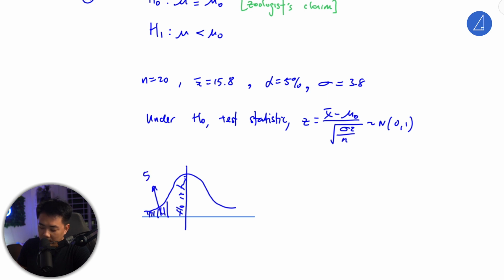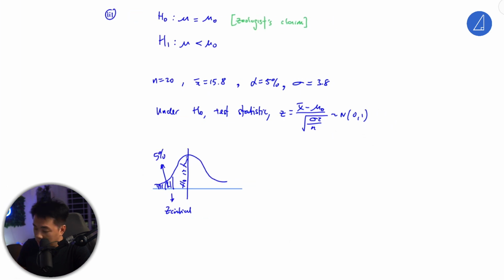So this is your 5% over here, and this is the Z critical. Since H naught is not rejected, what you want is the Z statistic to fall within this region, where H naught is true, more than Z critical.